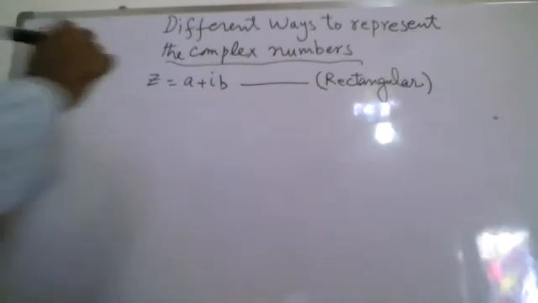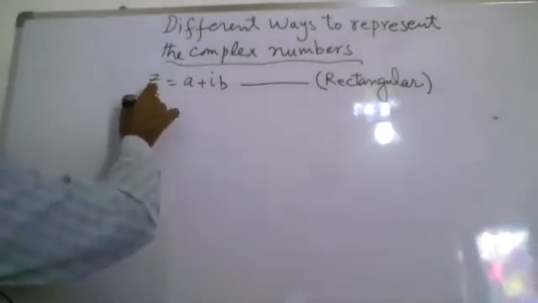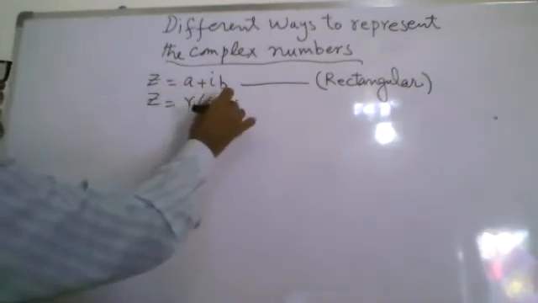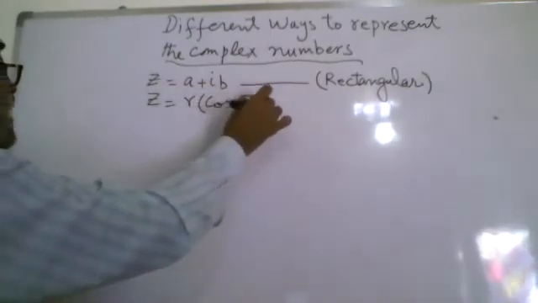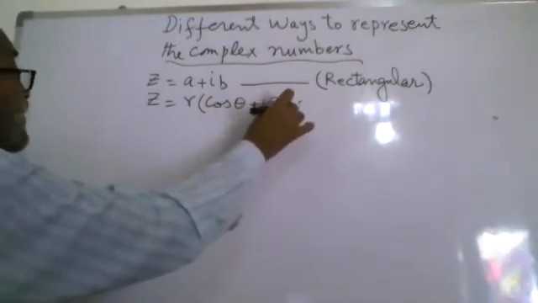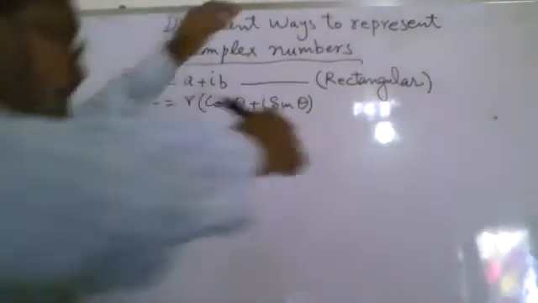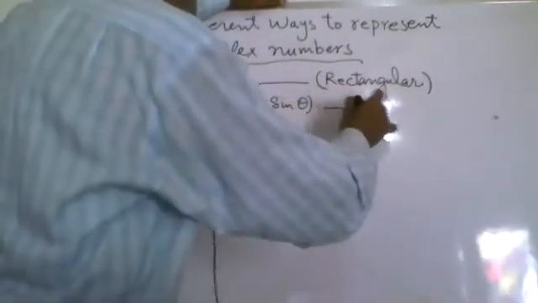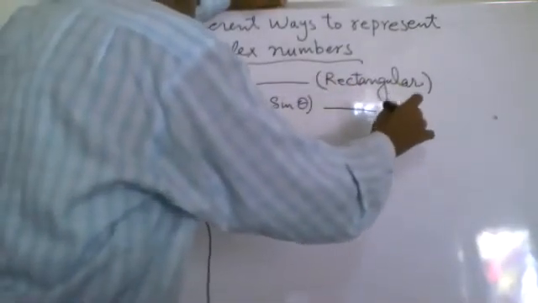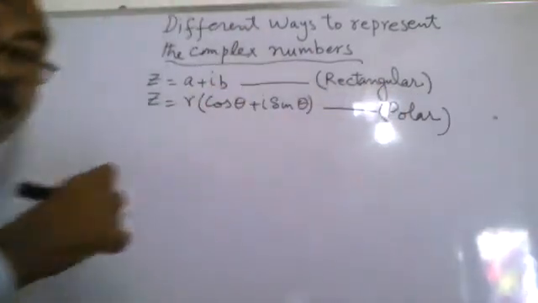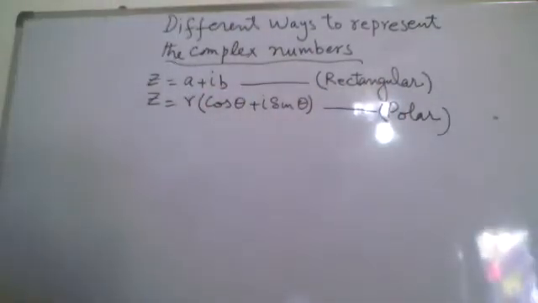There is another way. z is equal to r into cos theta plus iota sin theta. A complex number can be represented in this way. This is called the polar form.